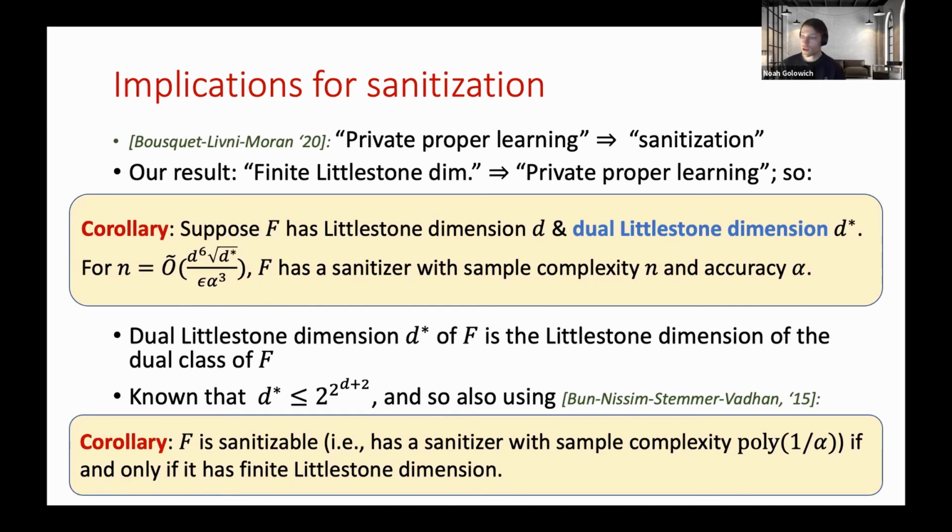But the converse direction was also shown several years ago by Bun, Nissim, Stemmer, and Vadhan. And so what this means is that binary hypothesis classes are sanitizable if and only if they have finite Littlestone dimension. And that's the main corollary of our results.